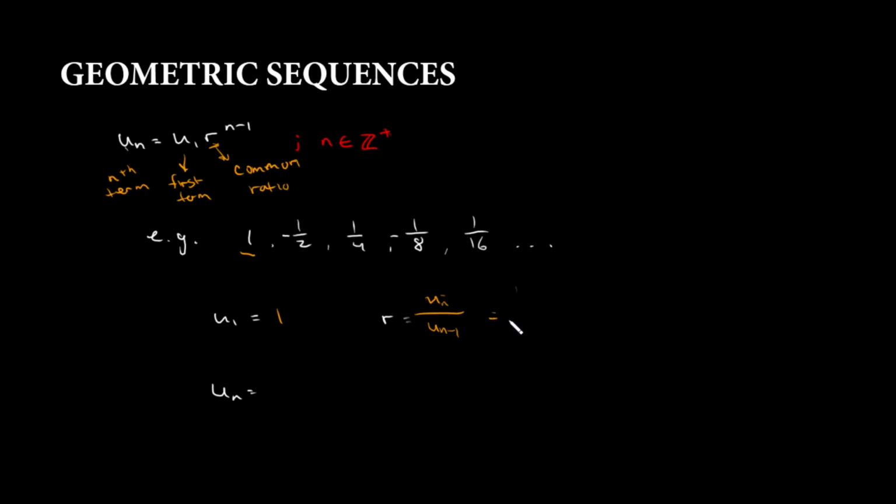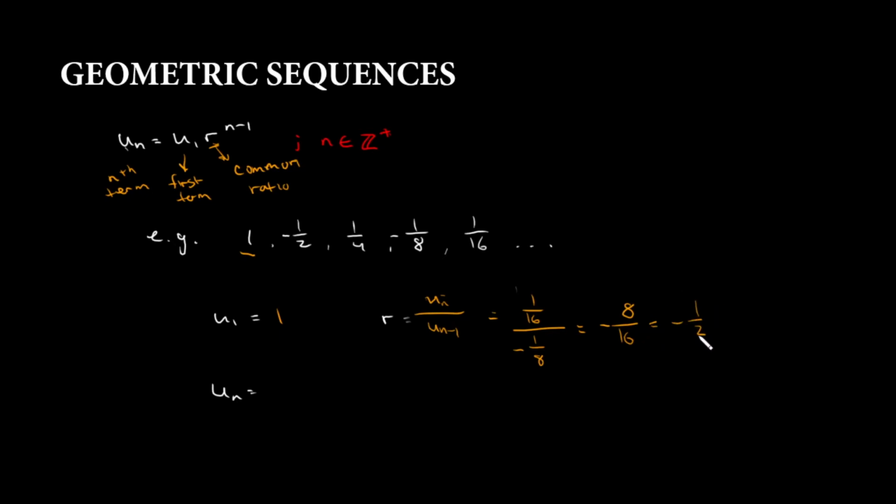So let's try it. 1 over 16. I'm picking a big number just to show you that it works with any number in the sequence, not just the first and the second. Divided by the number right before it, minus 1 over 8. So if we do that, that becomes minus 8 over 16. And if we simplify that, it becomes minus 1 over 2. And so r is minus 1 over 2.